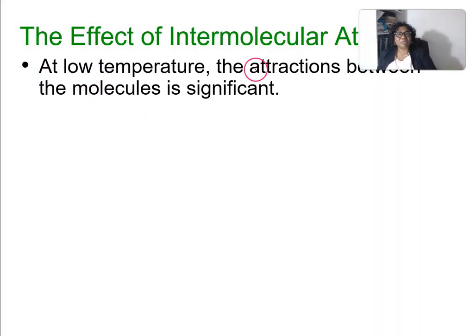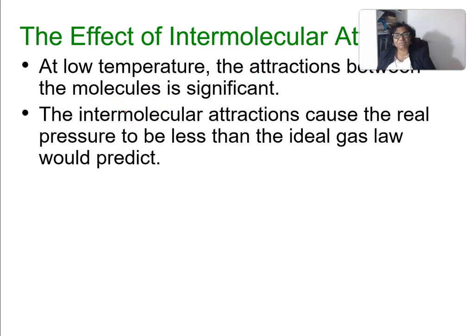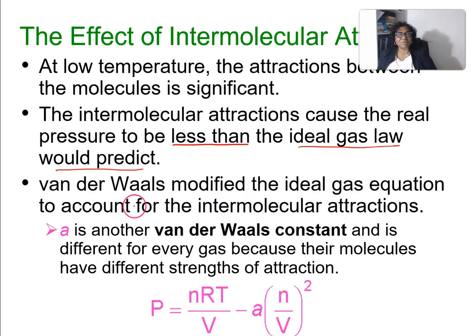And at low temperatures, the attraction between molecules is also significant. The intermolecular attraction causes the real pressure to be less than the ideal gas law would predict. So he came up with another constant.